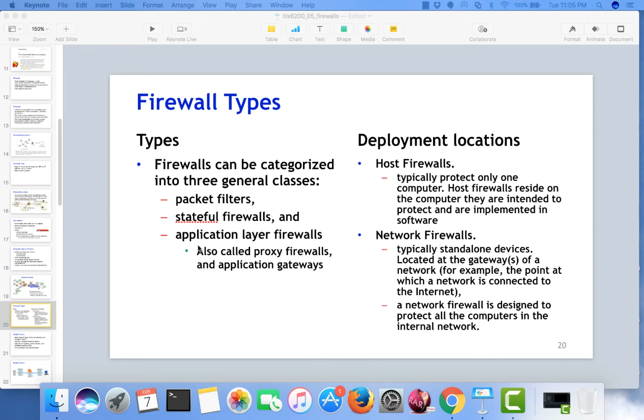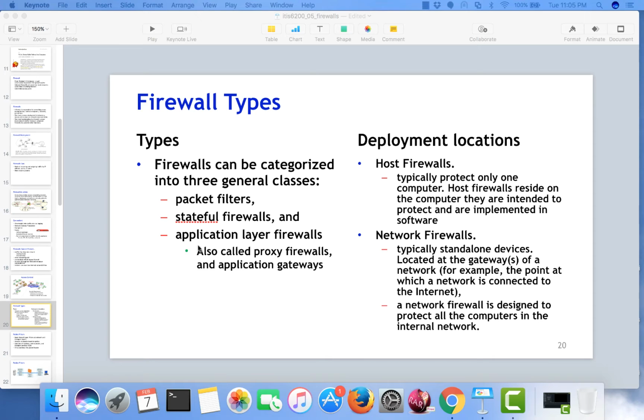Where do they go? Number one, most people are familiar with the firewall on their host machine. Most Windows machines do have a type of firewall that you can turn on and off, and you can actually allow applications in and out. Then you have something like a network firewall.